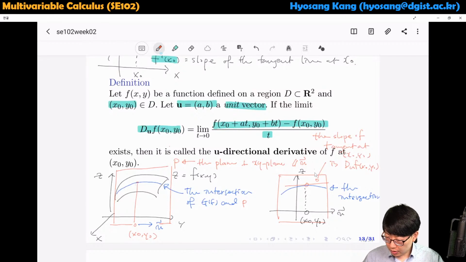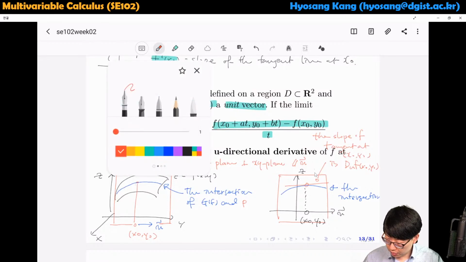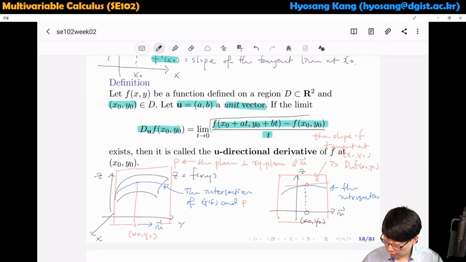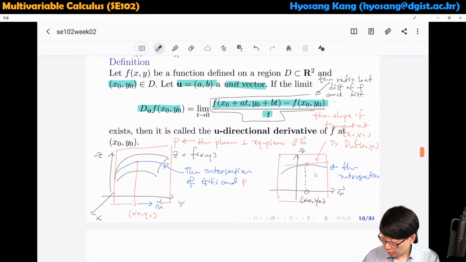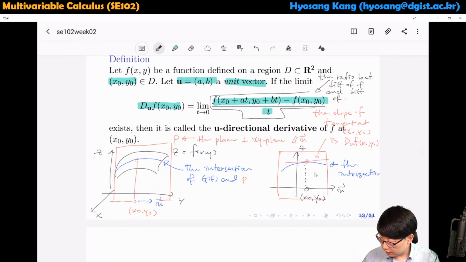What we are looking at here is the ratio between the difference of the value of f and the difference along the direction of u, the difference of the parameter t.